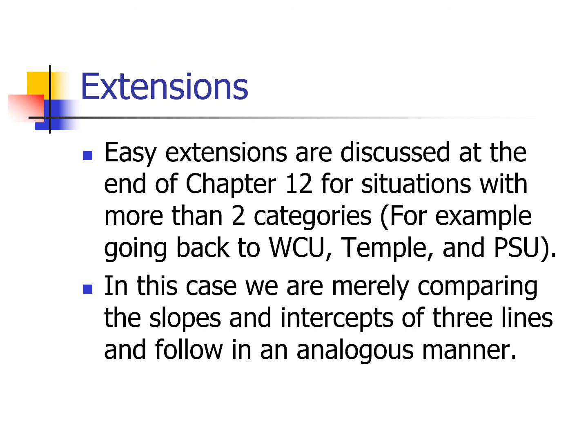So that's comparing two lines. One for smoker, one for non-smoker. If we had a categorical variable with more than two categories, we'd be comparing 3, 4, 5 lines. So for example, if we went back to our university, we'd be comparing a line for Westchester and a line for Temple and a line for Penn State.